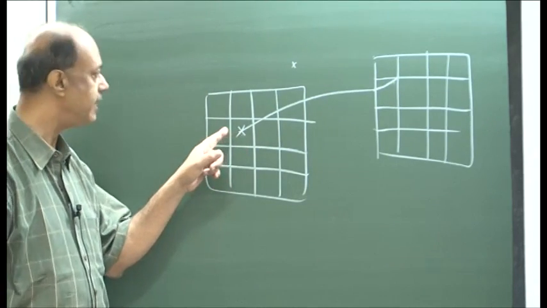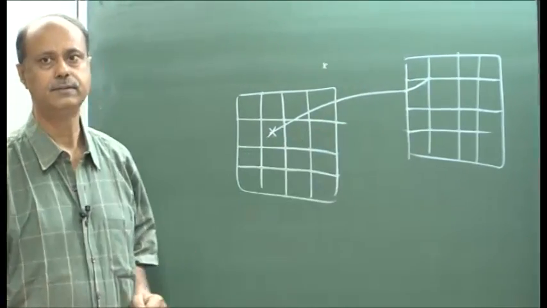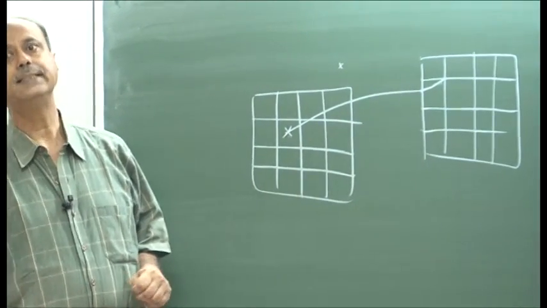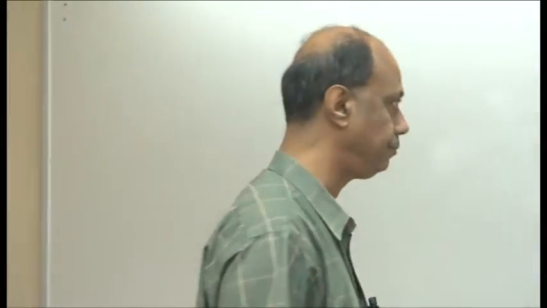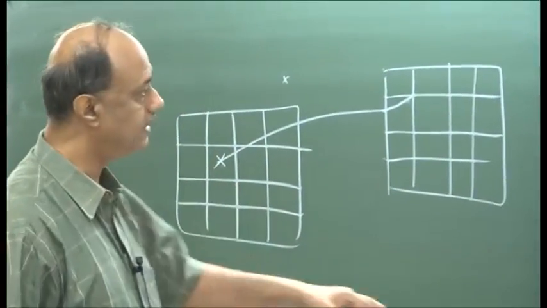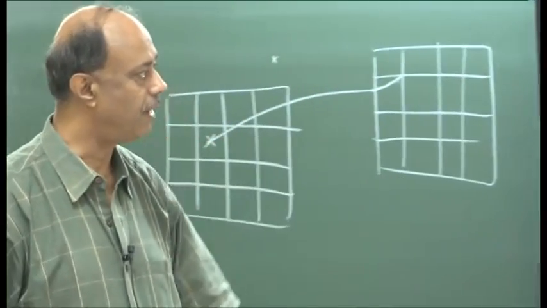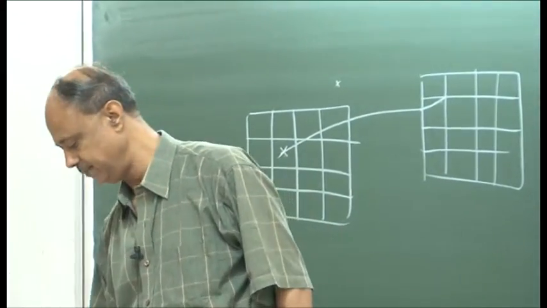Now, I have to estimate the intensity value of this, which can be put here. And there are three ways we like to do this. One is nearest neighbor, another one is linear, and third one is the bicubic. So, to get the brightness value of the point, the input image is resampled. This is known as resampling.